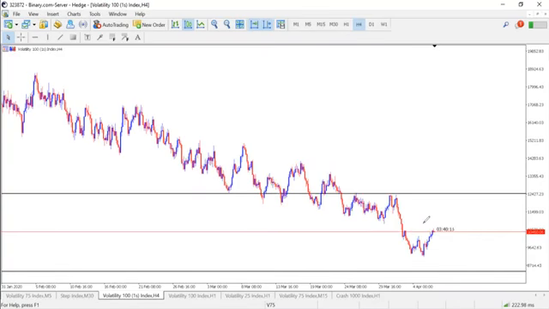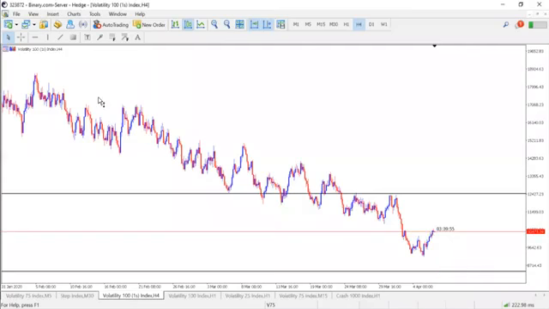So our expectation is to look for selling opportunities. And until price reaches this level here, we'll be looking for selling opportunities. Now that we have identified those areas, it's time to read structure.